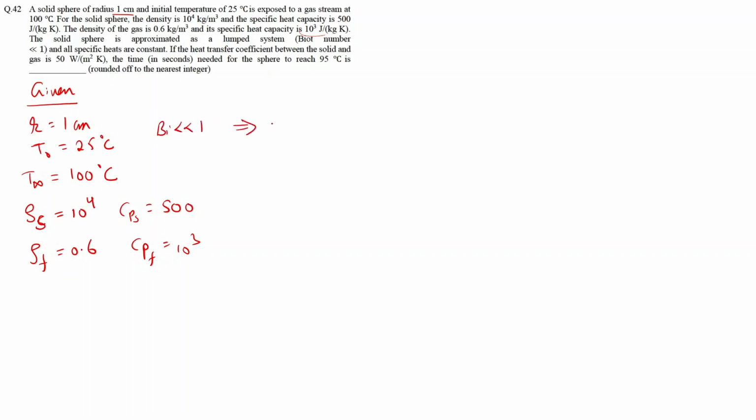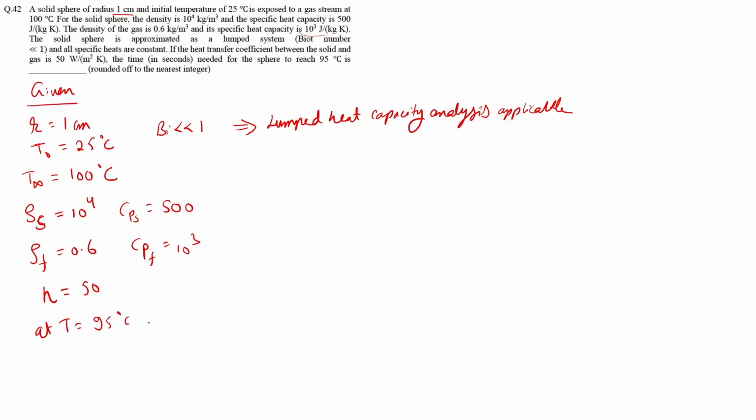So this implies that lumped heat capacity is applicable. The specific heats are constant and the heat transfer coefficient, that is h, we have been given as 50 watt per meter square Kelvin, and at temperature equal to 95 degrees Celsius, time we have to find. So all these parameters have been given.